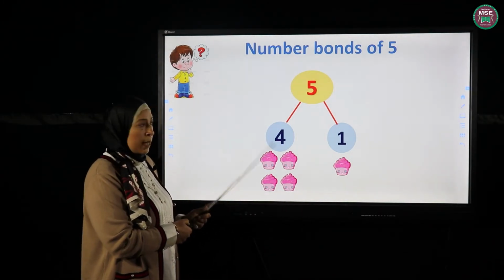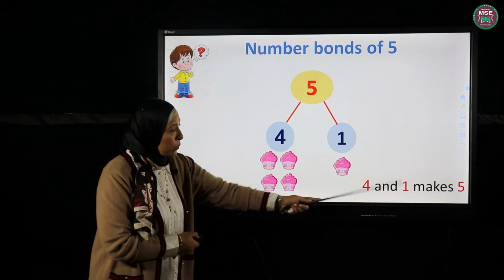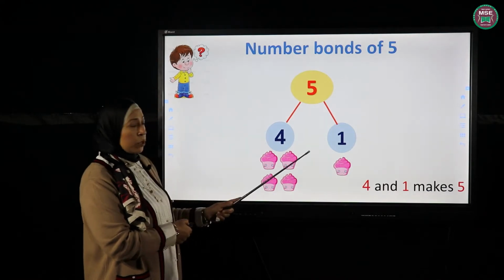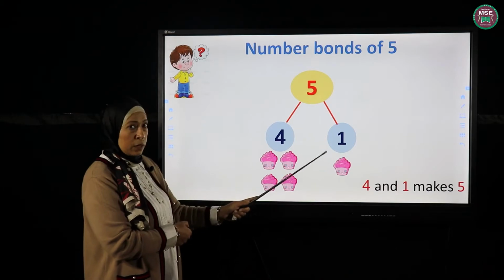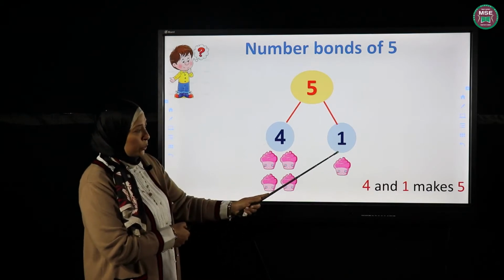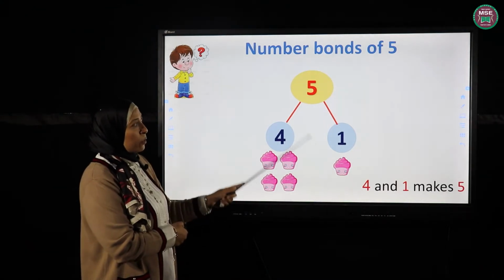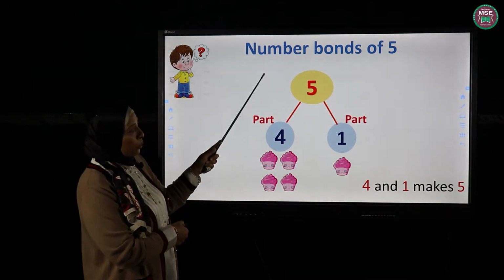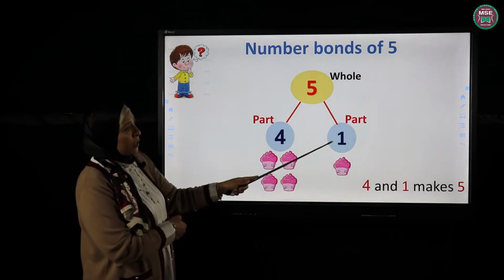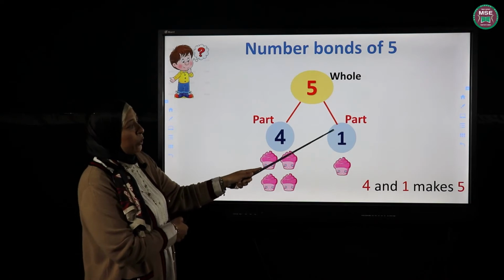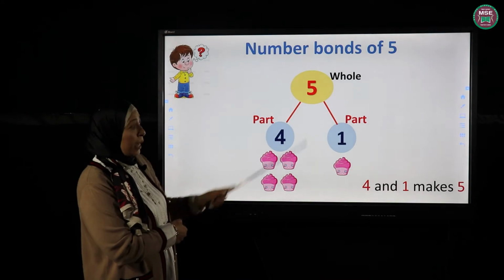Okay, this means that 2 numbers, 4 and 1, make 5. When I have 2 numbers, or 2 parts, or 2 circles like this, this is part 1 and this is part 2. When we have 2 different numbers in each part, from these numbers we can get a whole number 5. 4 is in part number 1 and 1 is in part number 2. 4 cupcakes and 1 cupcake give me 5 cupcakes.